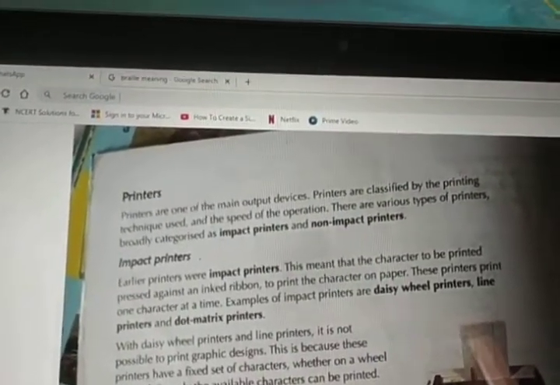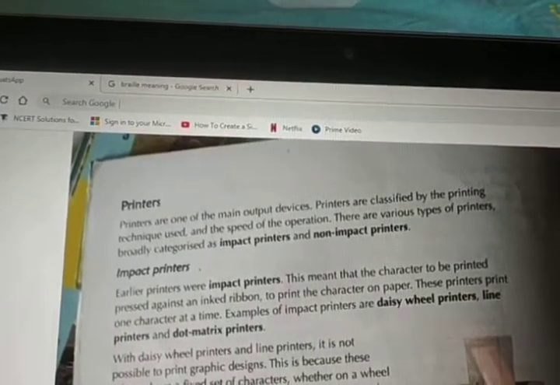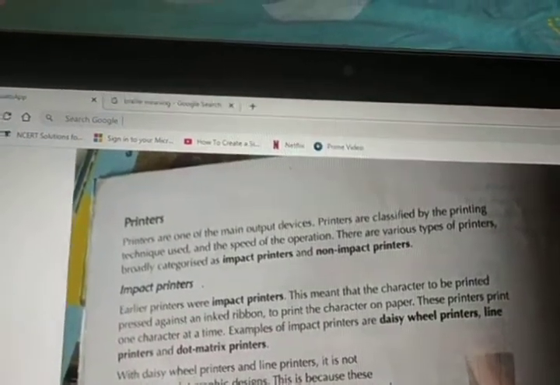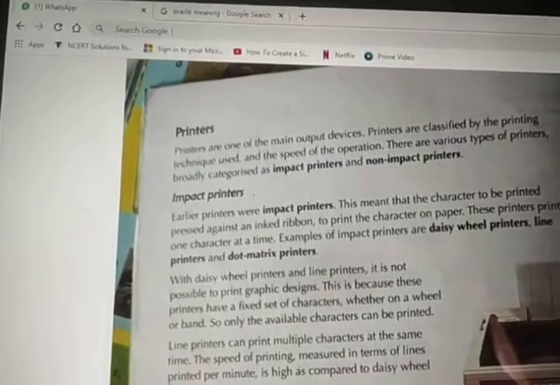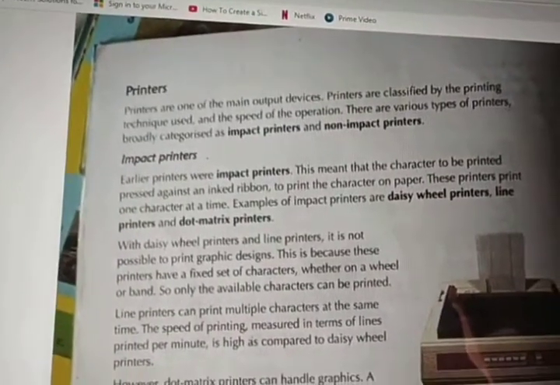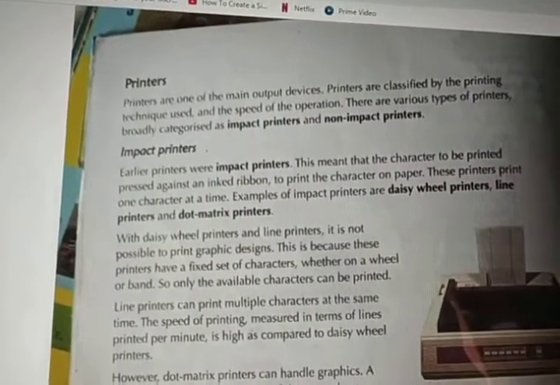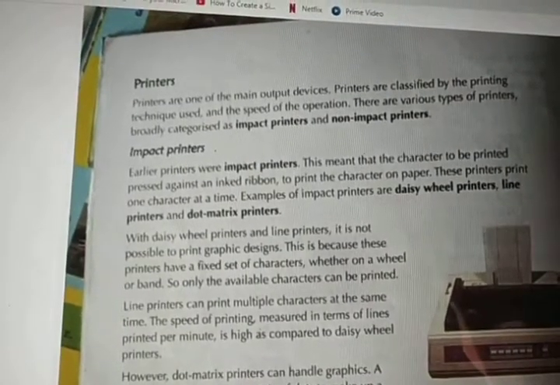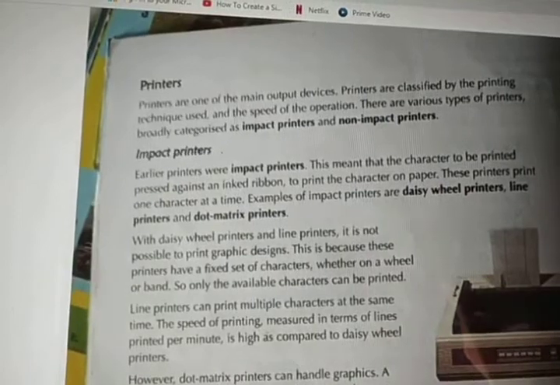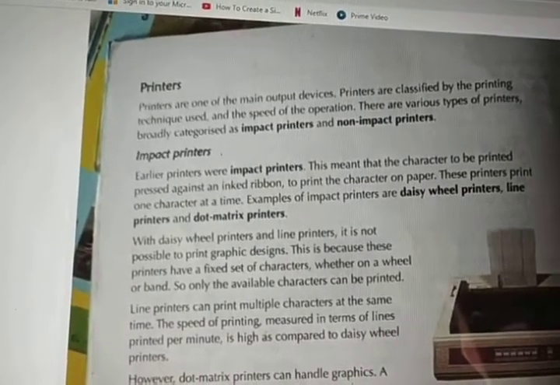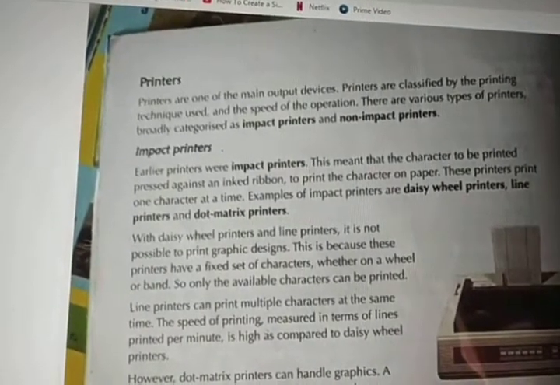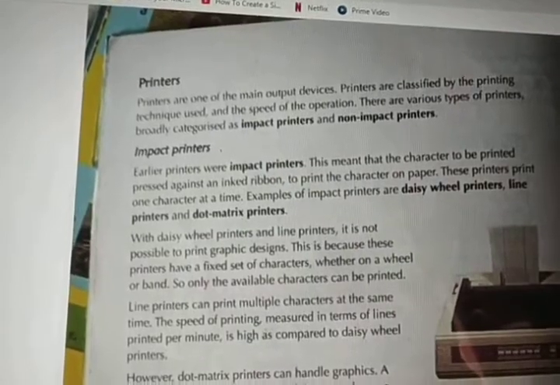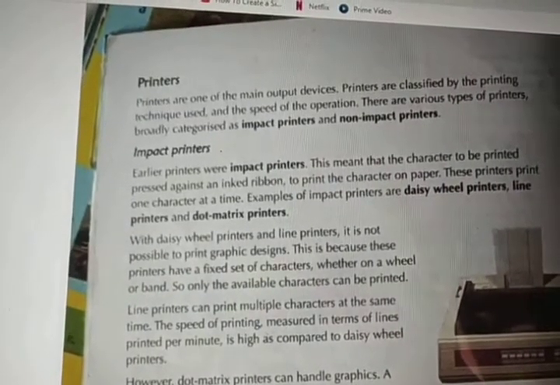Now we'll see about impact printers. Earlier printers were impact printers. In this, the character that is to be printed is pressed on a paper with the help of an inked ribbon.